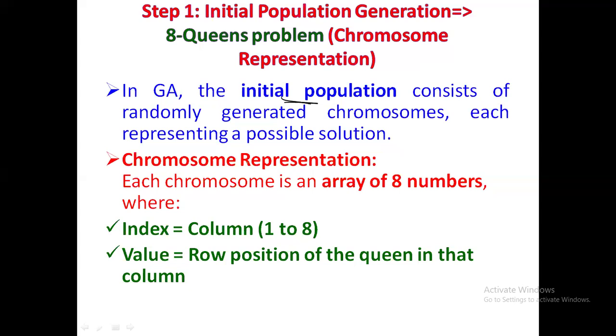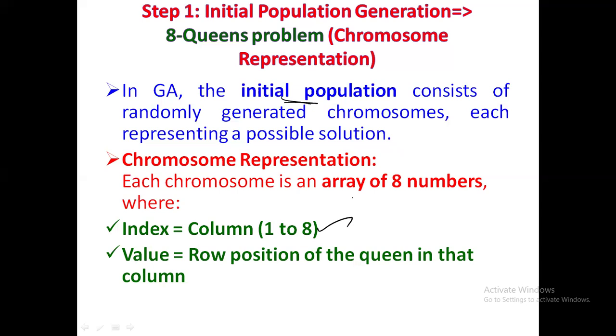Each solution, that means a chromosome, is represented as an array of 8 numbers, where each index represents a column, 1 to 8, and the value at the index represents the row position of the Queen in that column.